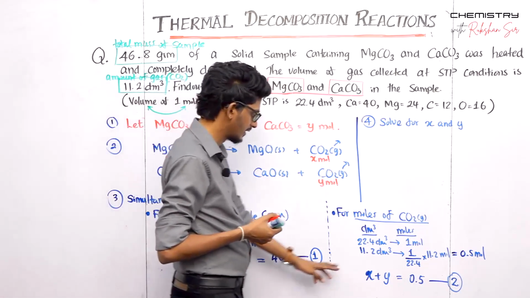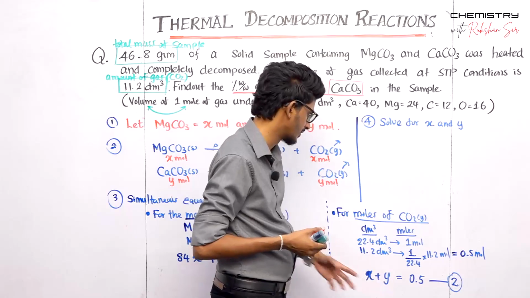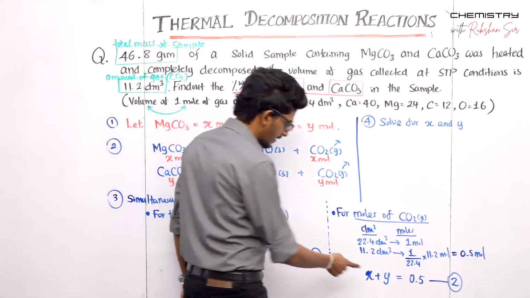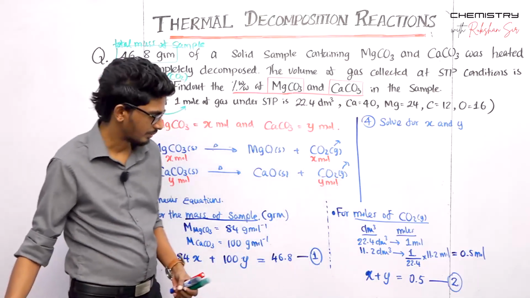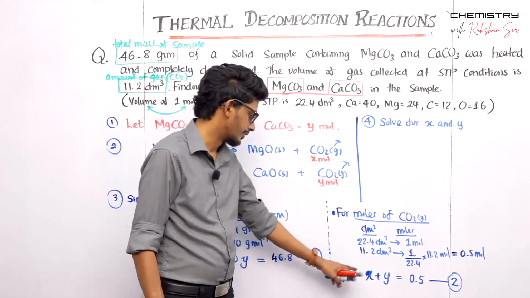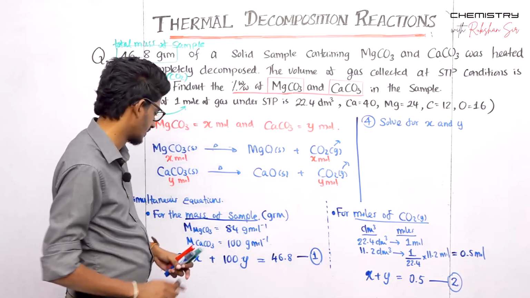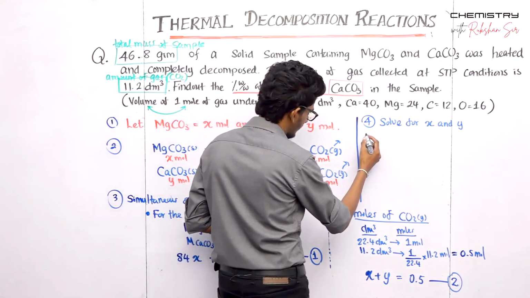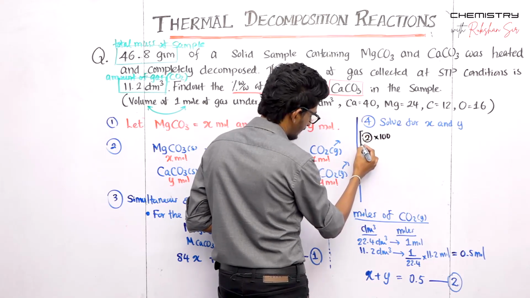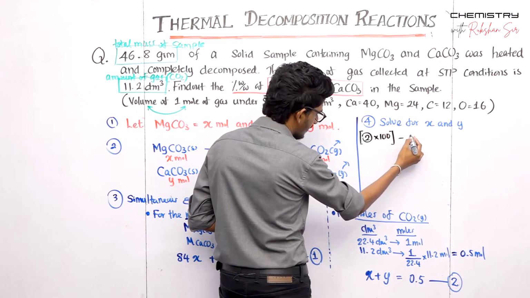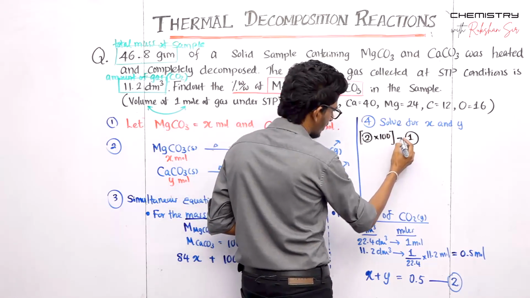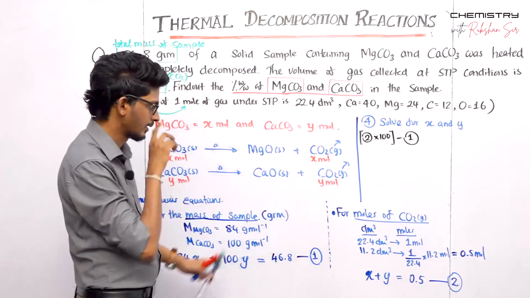I'll multiply the second equation by 100 so the y's coefficient will be equal, and I'll deduct the first equation from that. So what I'm doing is multiplying the second equation by 100 minus the first equation. That is the mathematical operation I'm doing here.